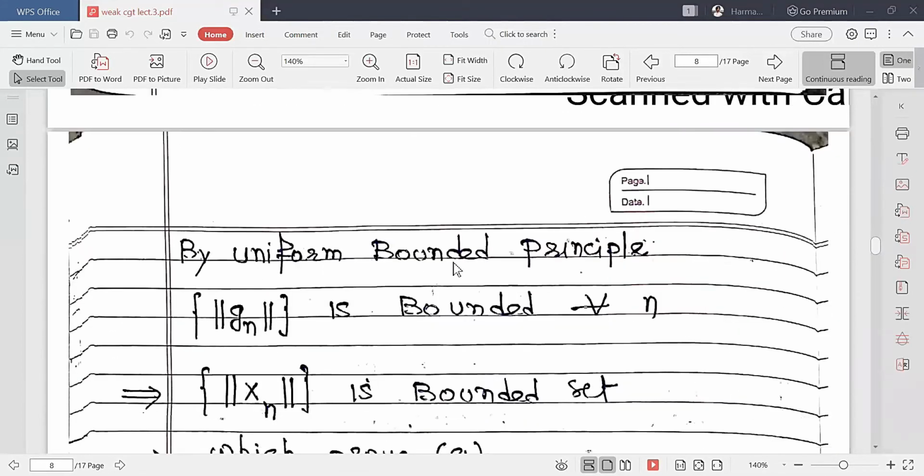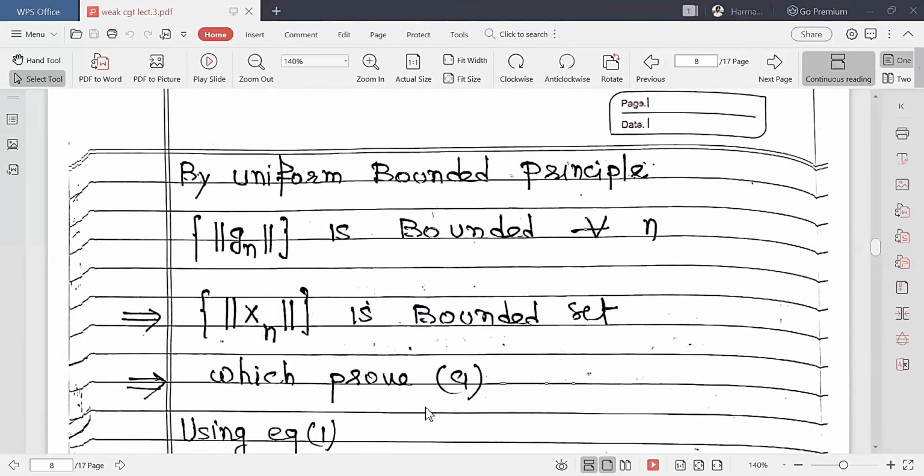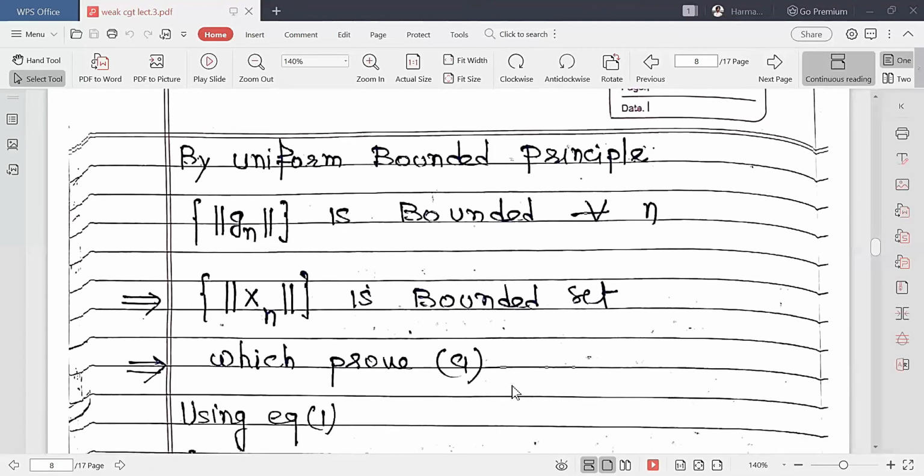By the uniform boundedness principle, the norm of Gn is bounded for every n, and the norm of Gn is equal to the norm of Xn. So the norm of Xn is a bounded set, which proves part A.